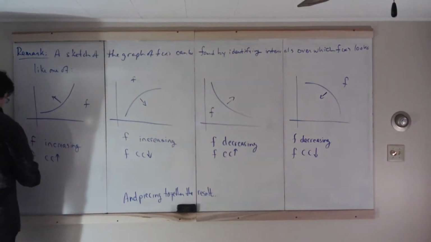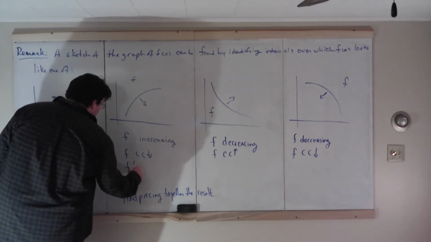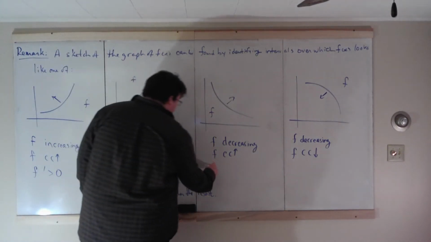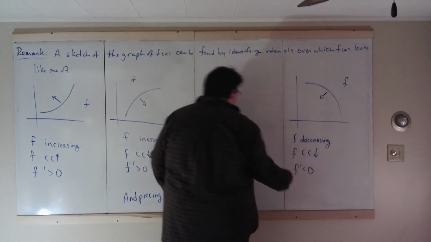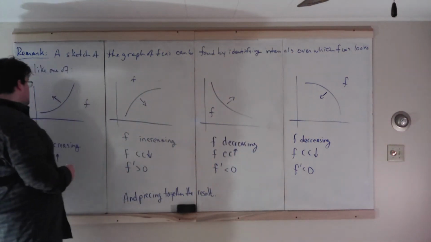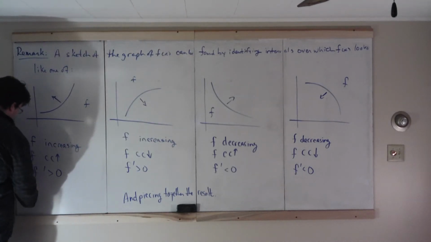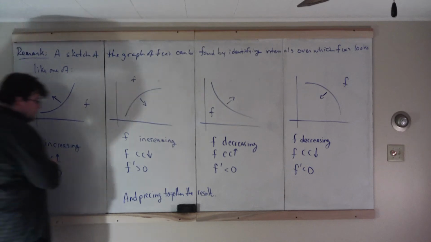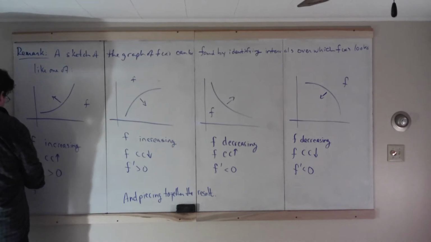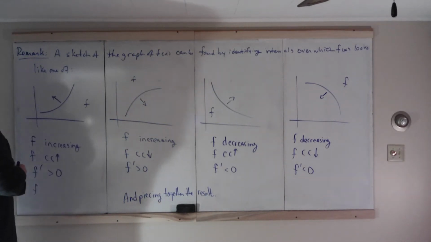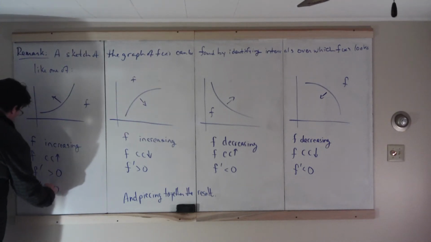To determine if a function is increasing, we just need to find where f prime is positive. So increasing has f prime positive. Decreasing has f prime negative. And similarly, for concavity, the second derivative test tells us that when the second derivative is positive, the function is concave up.